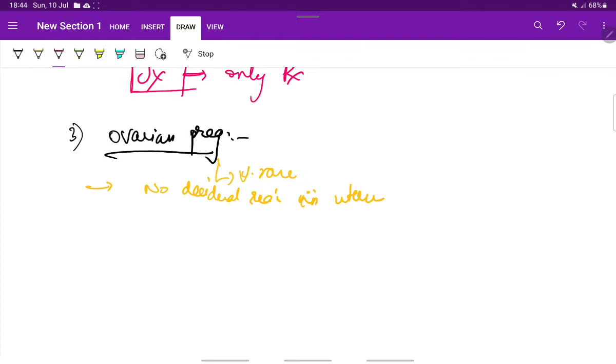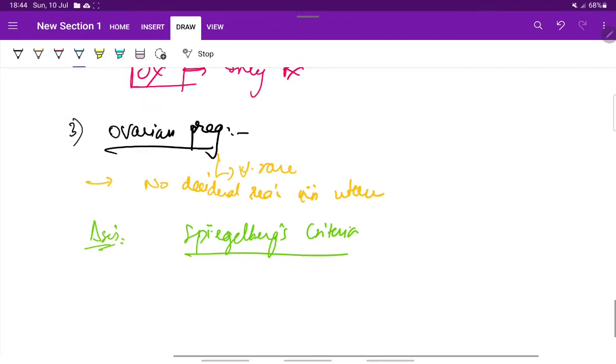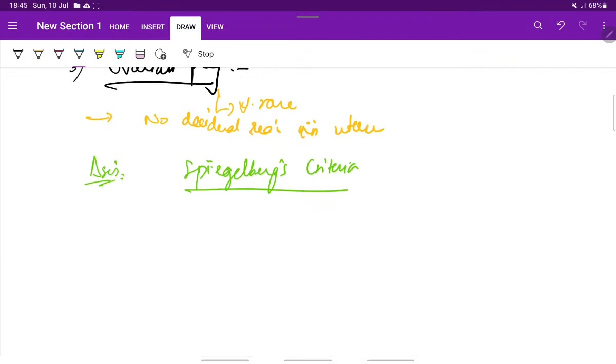And for the diagnosis of ovarian pregnancy, there is a criteria called as Spiegelberg's criteria, which says that the fallopian tube on the affected side must be normal, that is intact.